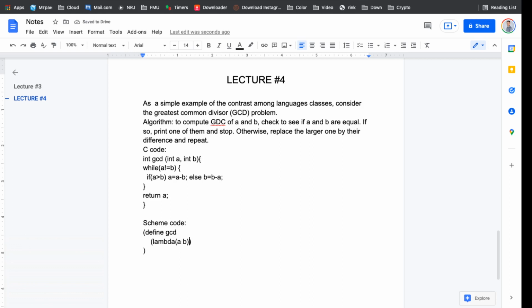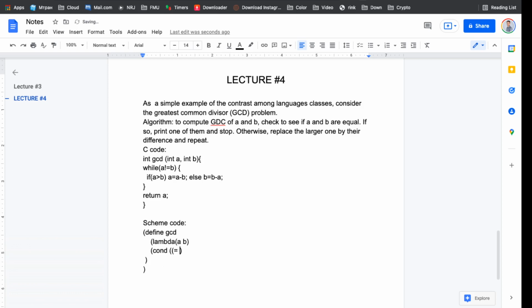Now what are we going to have inside? Here we're going to have a condition, kind of like an if statement. That's going to be the body for the lambda function.